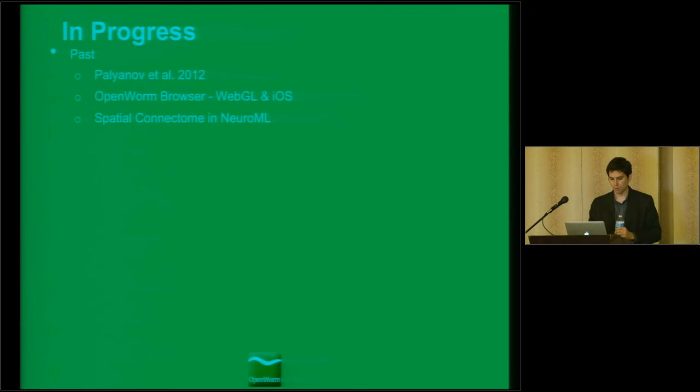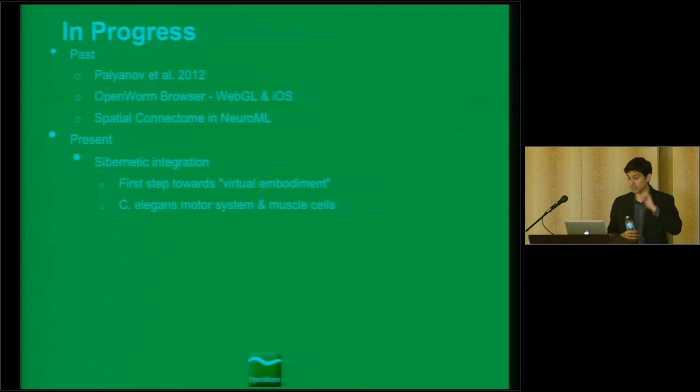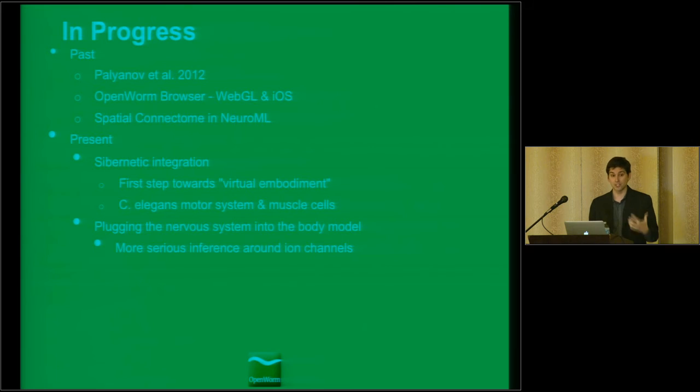And so currently, what we're working on is to take what I just showed you with that cybernetic integration of that stretchy model and embed inside of it the nervous system model that we've got. This means we're also doing more work to do much more serious inference around what we know about the ion channels of the neurons. There is a way to start making inferences about what ion channels should be inside those neurons, and there are experimental technologies that are moving that forward as well.